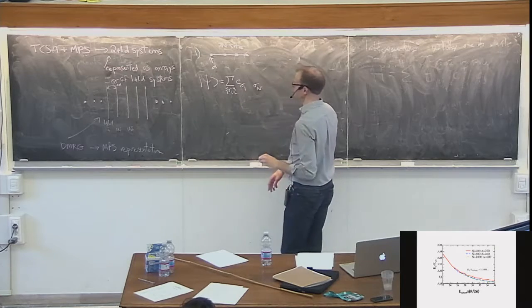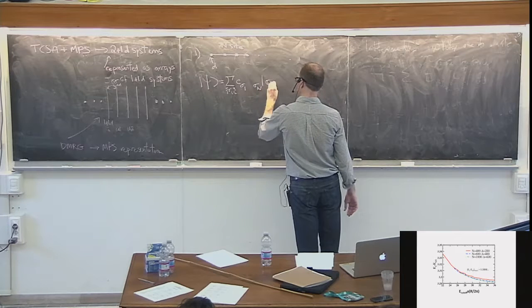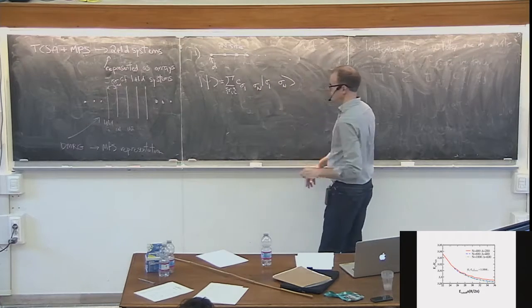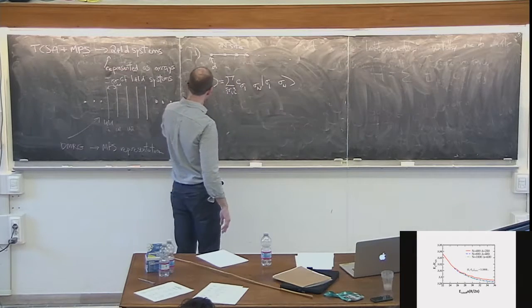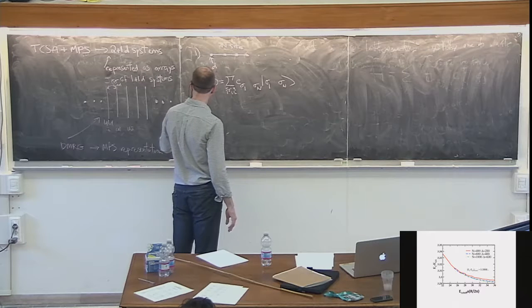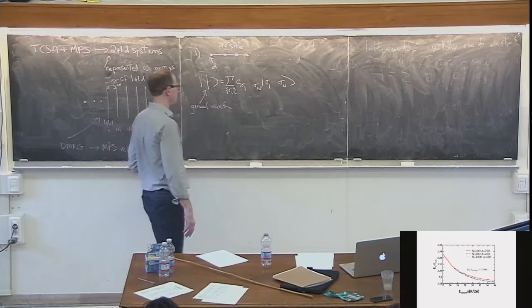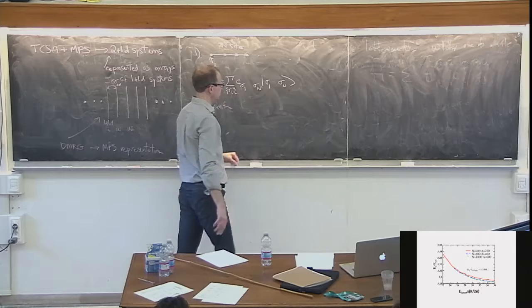If you had an n-site chain, you would write a general many-body wave function for such a state in terms of all the possible basis states.